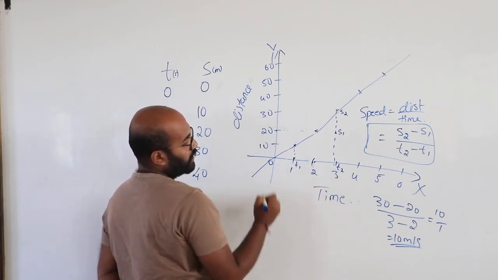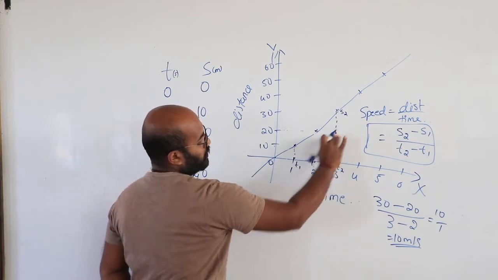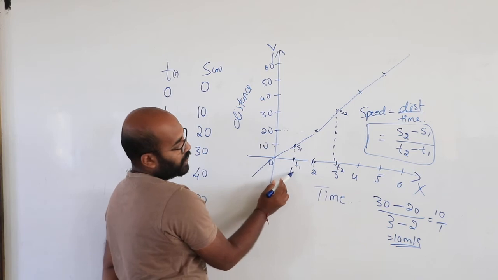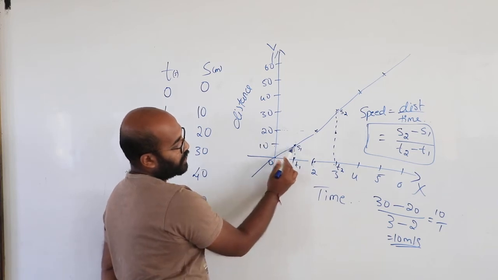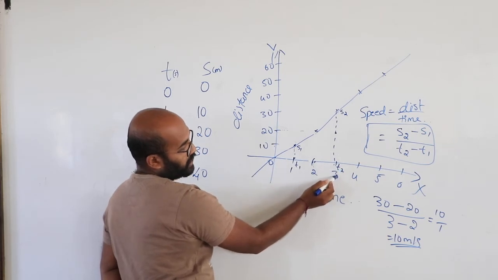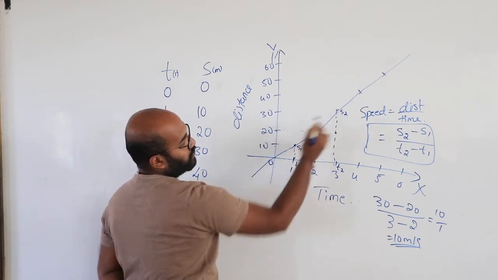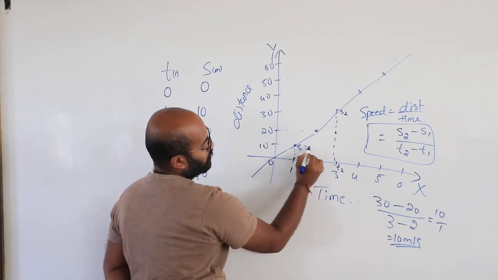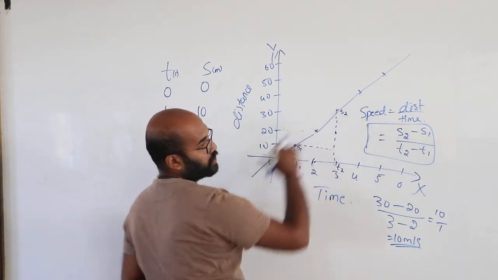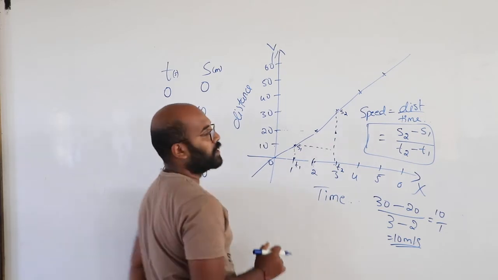This will be T1, and the distance corresponding to 1 second, that is 10, will be S1. The distance corresponding to 3 seconds, that is 30, will be S2. So you need to calculate this slope. Actually, this is the slope. Slope gives us the speed.